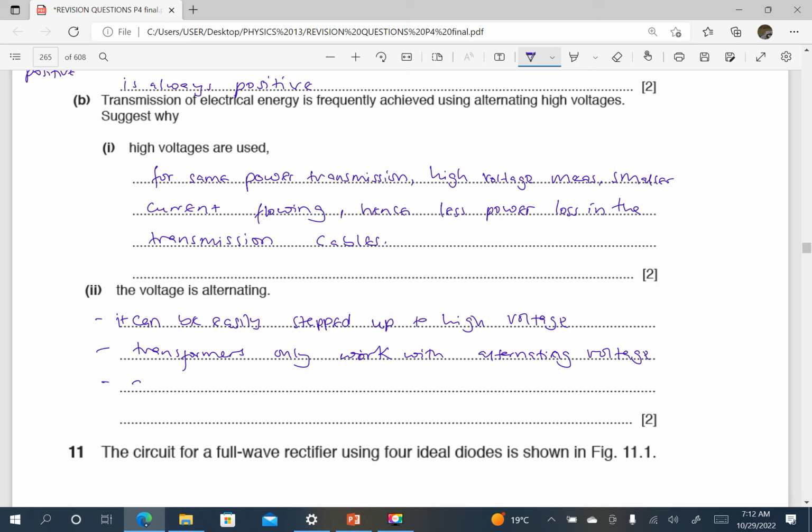Alternatively, we could say generators produce alternating voltage.